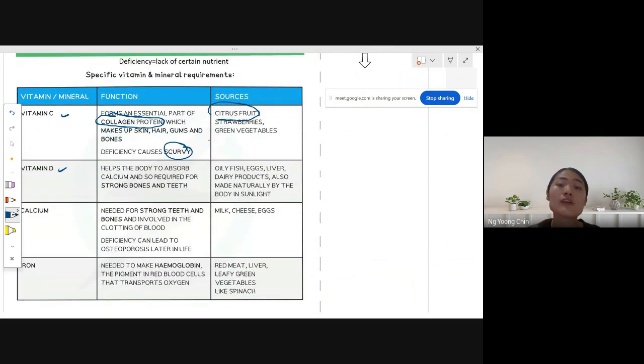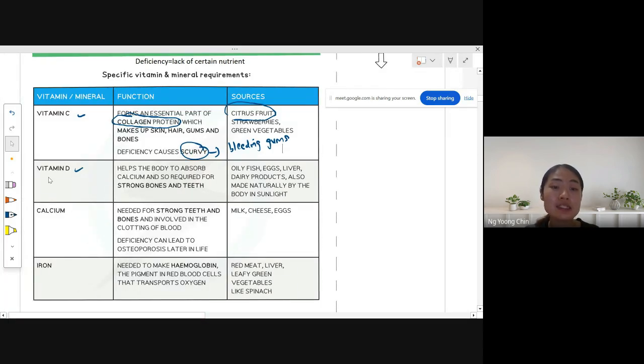Scurvy is not really a disease, but a condition in which you have bleeding gums. Whenever you brush your teeth and suddenly feel that your gums are bleeding, it's scurvy. It shows that you might be lacking vitamin C.